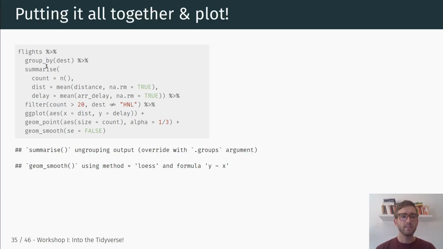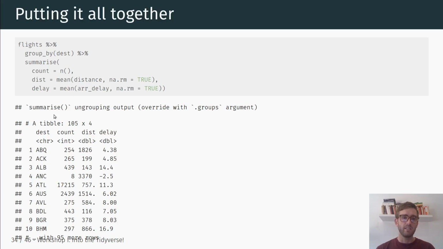And one thing that is nice, specifically using the pipe, which we've done the entire time, is we can combine these different dplyr commands, but we can also combine it with ggplot if we want. Of course, we could save this data in a new object, and then go on to, for example, plotting that.